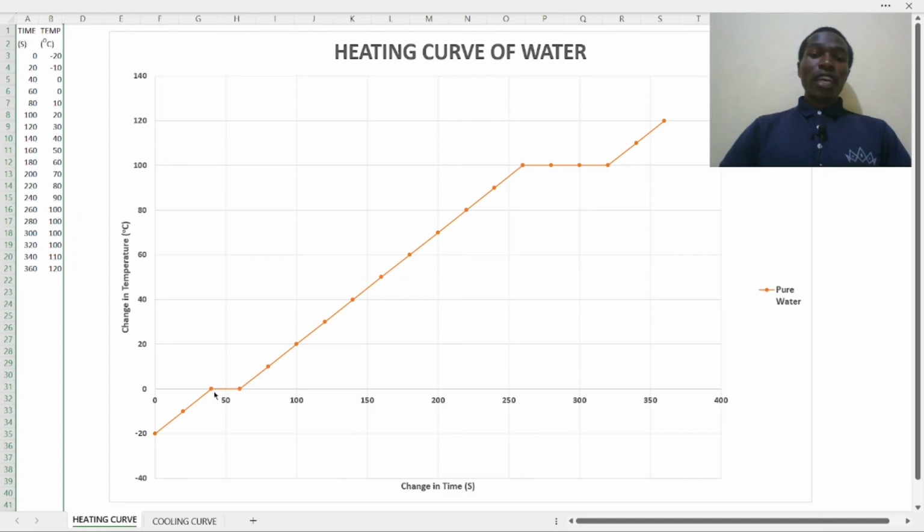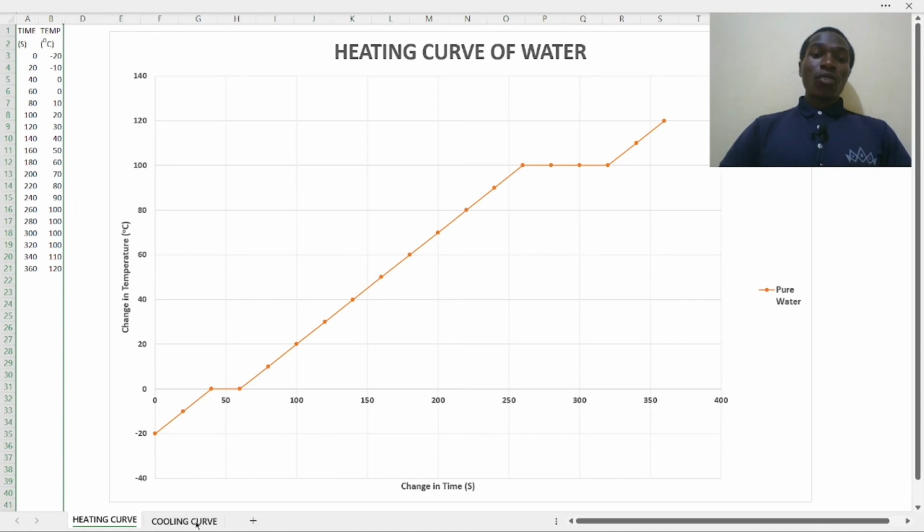This is because the energy pumped into the solid is used up to break bonds binding up particles in the solid. Similarly, the energy pumped in the liquid is also used to break bonds to make the particles free in the gas phase.